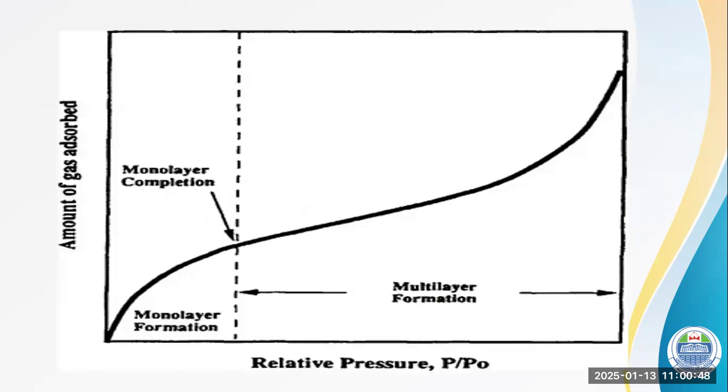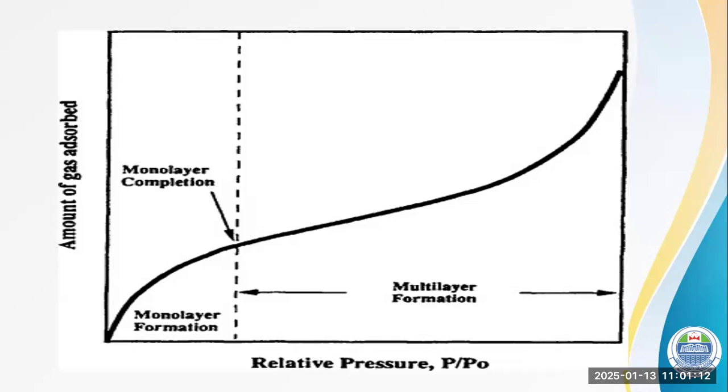Okay, we also look at the monolayer section and the multilayer formation, based on the difference between the formation of monolayers and the formation of multilayers that I stated earlier at the very beginning of the class, which is applicable at this point.